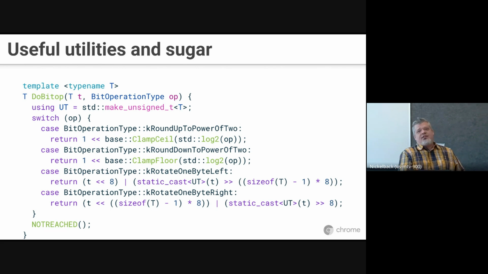This function is very poorly motivated, but contains many of the things that we could improve with new stuff in C++20. So we have a templated function here that takes some kind of a T, and then it takes an operation to do, and it switches on that op and says, what am I doing? Am I rounding up, rounding down, rotating?